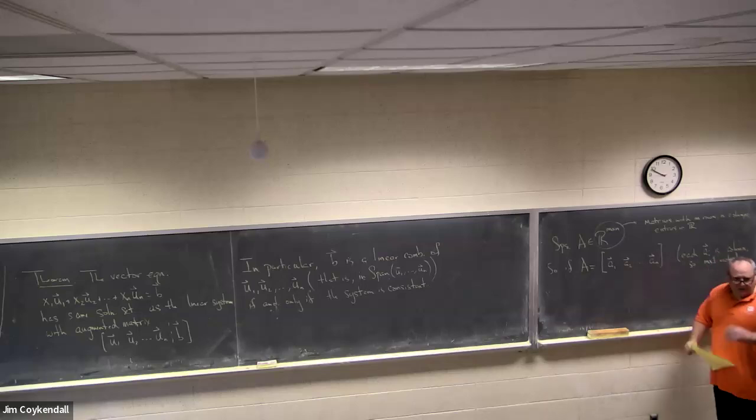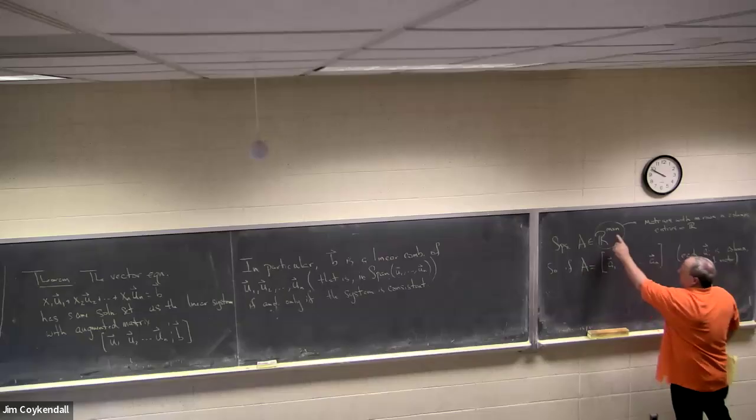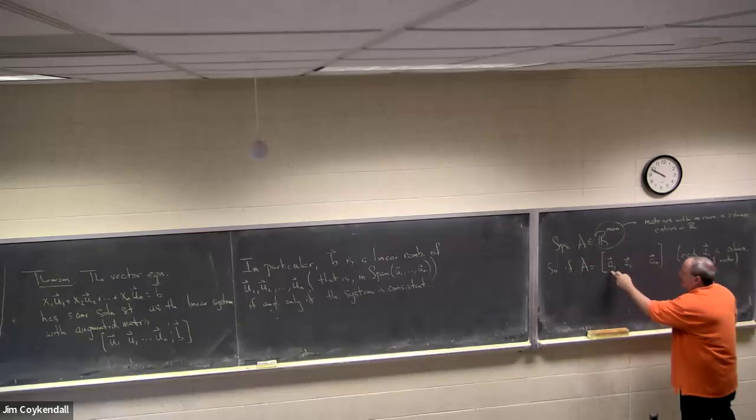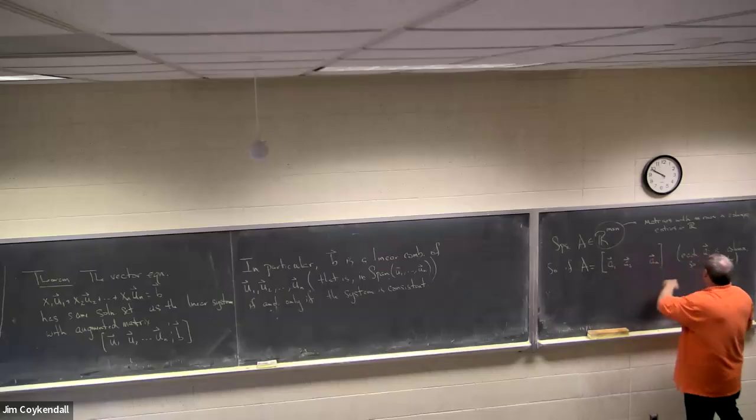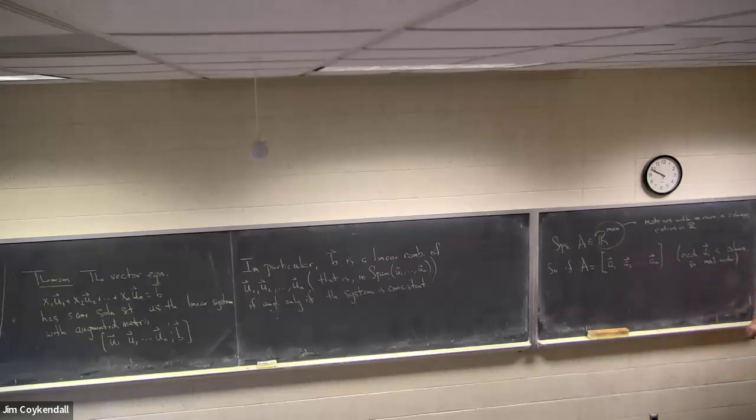We'll use this notation a lot. What I've done is this is the matrix that's m rows and n columns. Here are the columns, 1, 2, all the way up to n. And each of these columns is m tall, right? So that accounts for the rows.